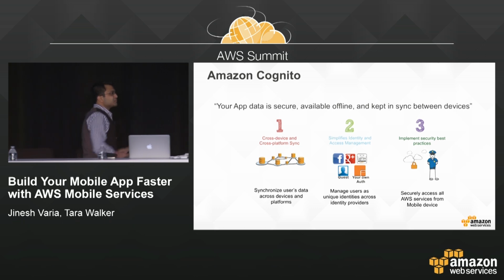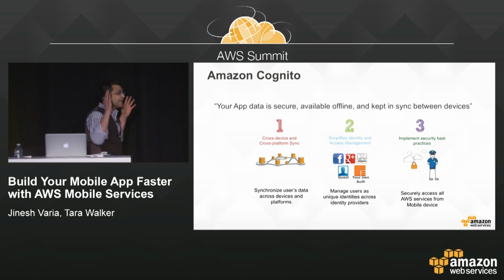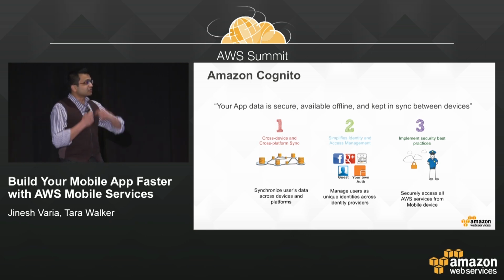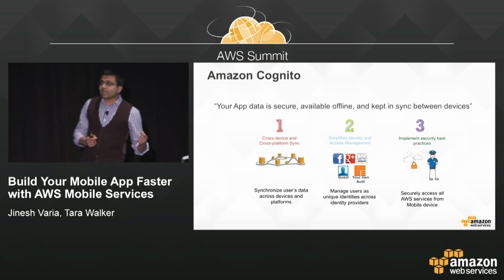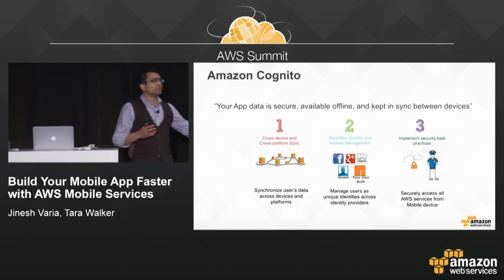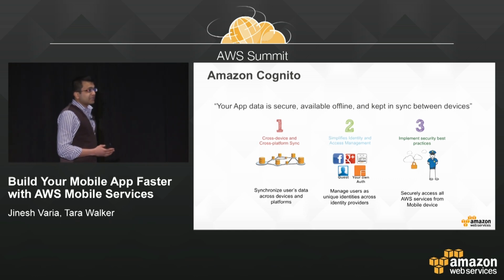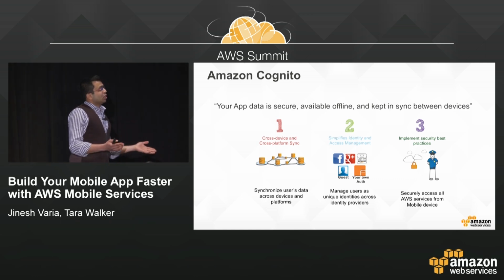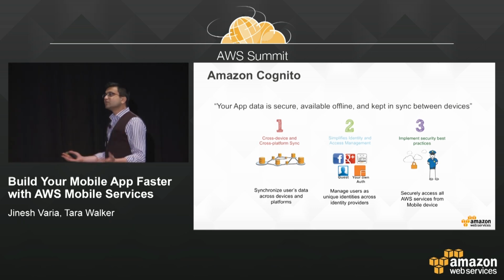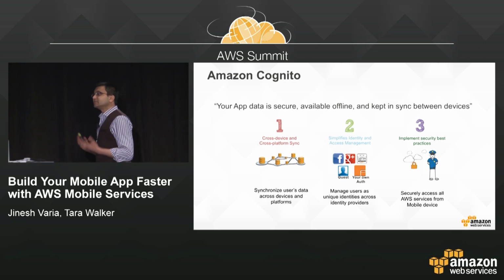Whether you're using Facebook, Google, Amazon, or any OpenID Connect provider, Cognito creates a unique ID across your app. It also has SDKs, which we already have for Android, iOS, Unity, Xamarin, and JavaScript, so you can use Cognito's user ID as a sort of cookie between your web and mobile worlds as well.